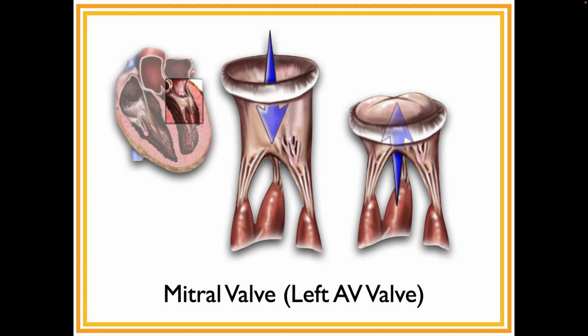Now, what happens is that when the ventricle, we're going to talk a lot about this in a few minutes, when the ventricle fills with blood, in order to fill with blood, this AV valve will be open, okay? Because the blood's going to flow from the left atrium to the left ventricle.